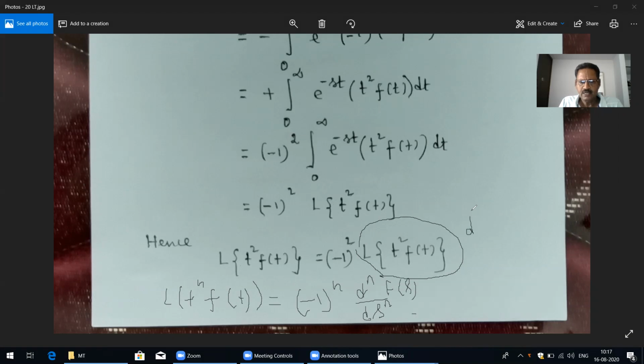It is d squared by ds squared of F(s). So this one cancels, and we get negative 1 power 2 into d squared by ds squared of F(s). So based on this concept, finally you are getting this one. Listen here now, this is a very important thing.